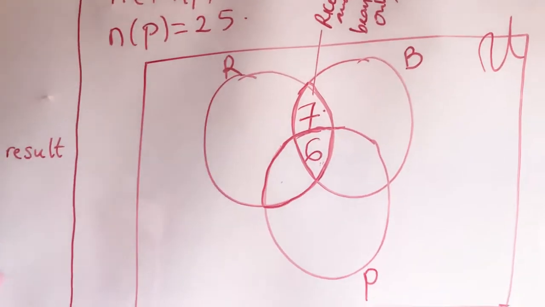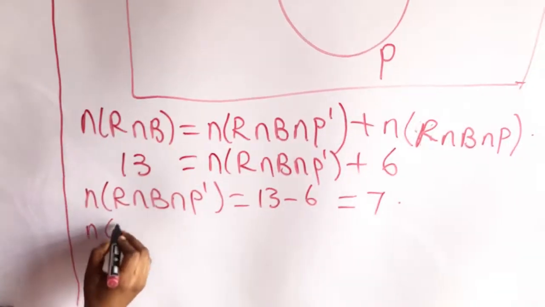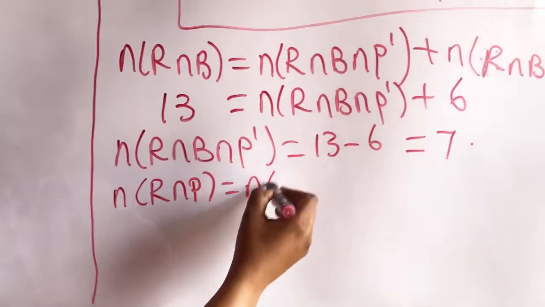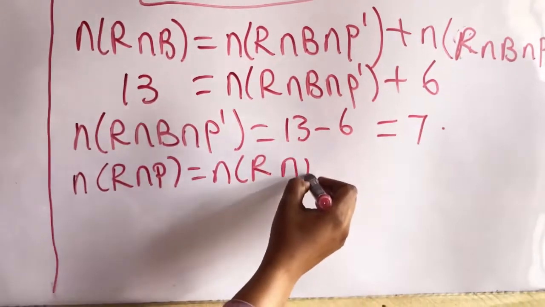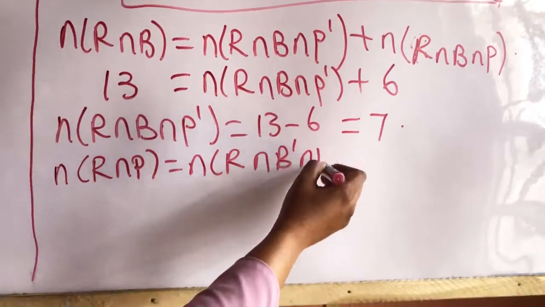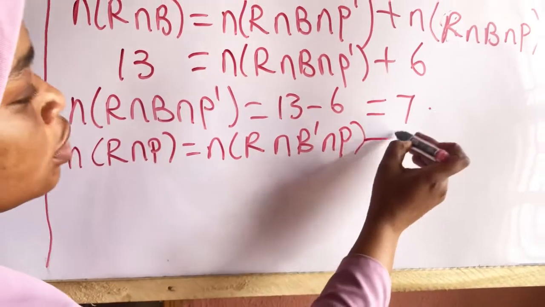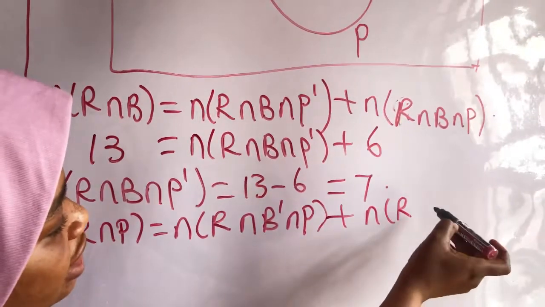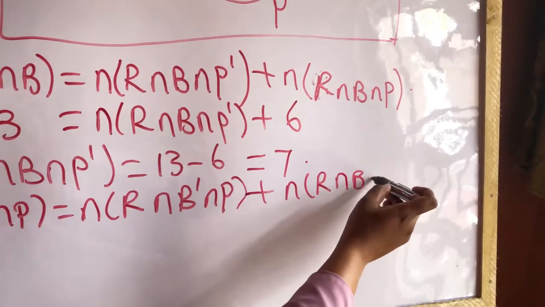So the cardinality of rice and plantain will be rice and not beans, but plantain, plus the cardinality of rice intersect B intersect P.